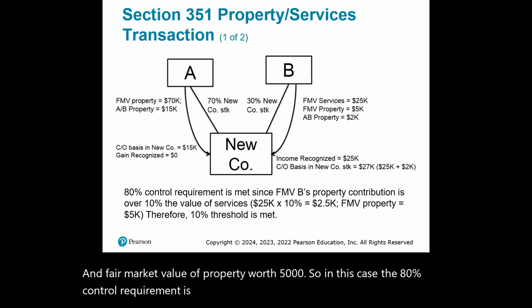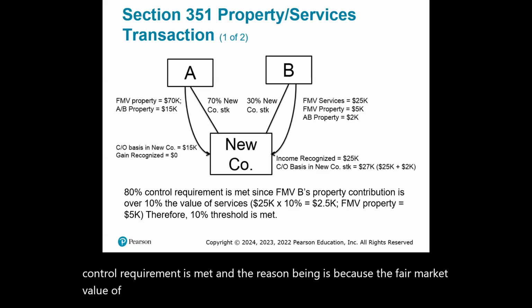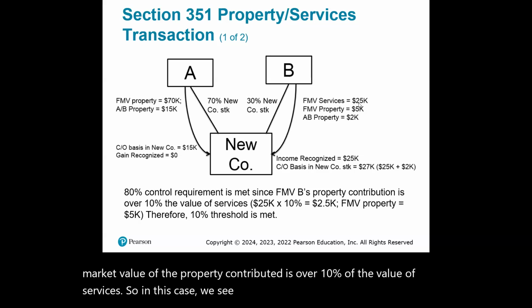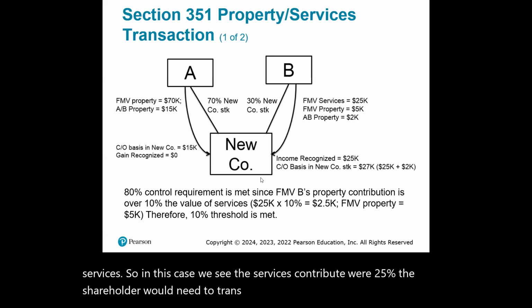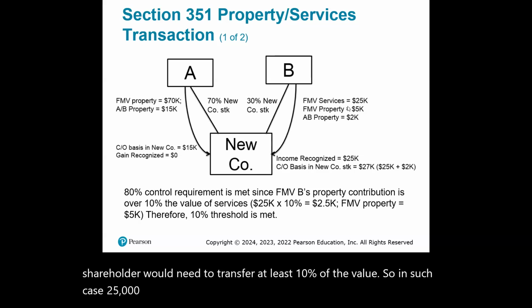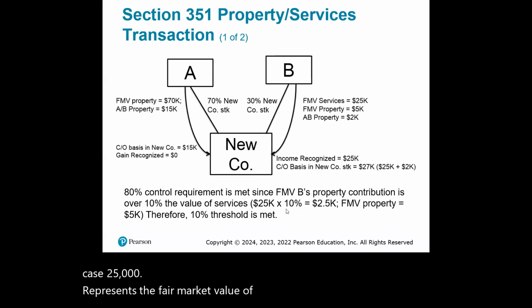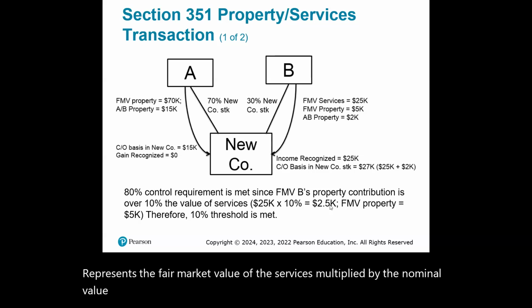The reason is that the fair market value of the property contributed is over 10% of the value of services. In this case, the services contributed were $25,000. The shareholder would need to transfer property of at least 10% of that value, so $25,000 multiplied by 10% gives the nominal value of $2,500.